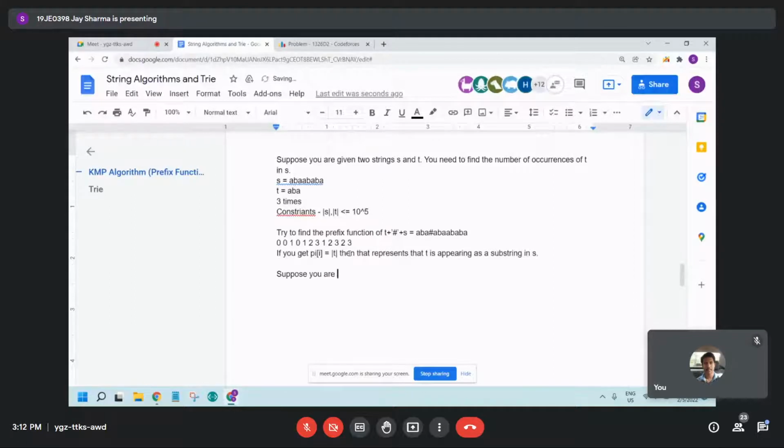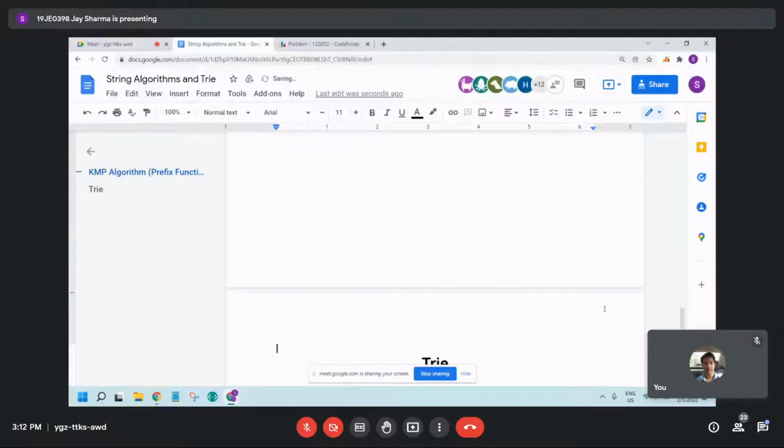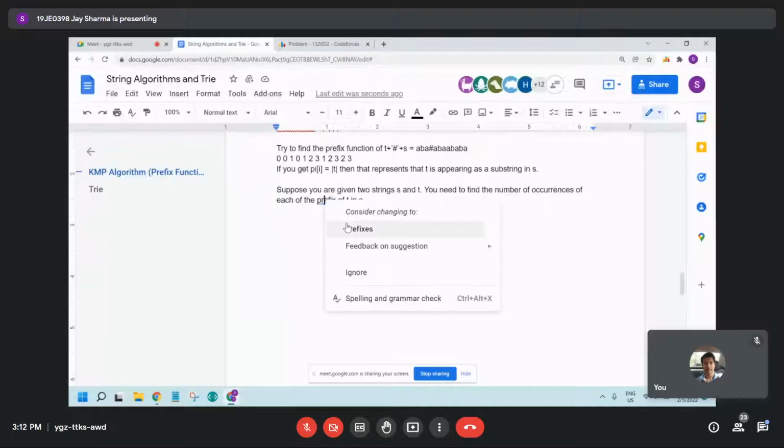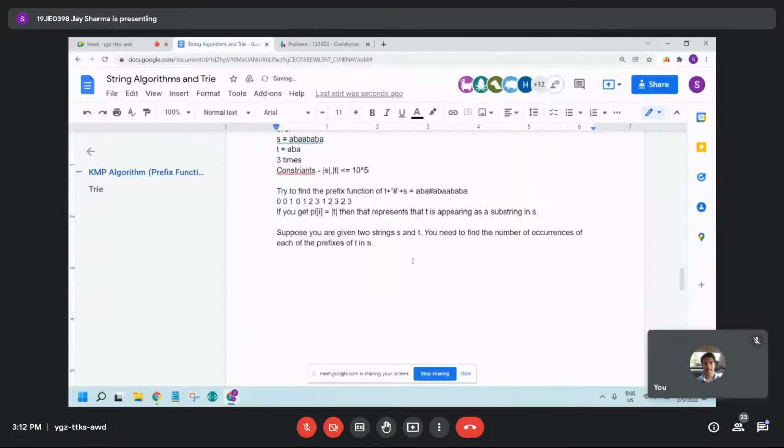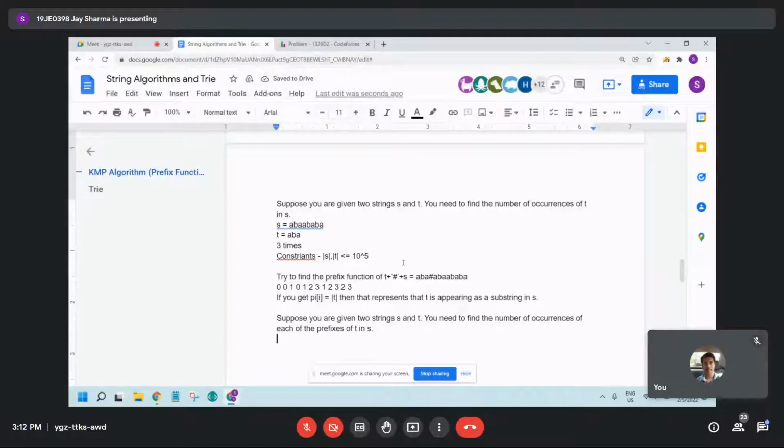Suppose you are given two strings S and T. You need to find the number of occurrences of each prefix of T in S. Okay, now you have to solve for all the prefixes, not just the whole string T. So this is a little tricky.